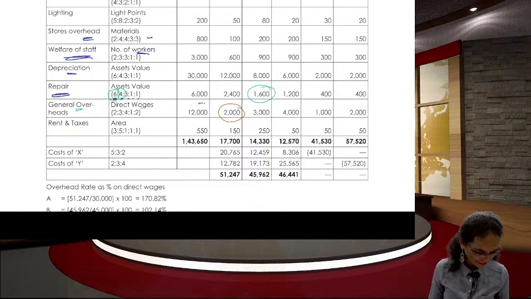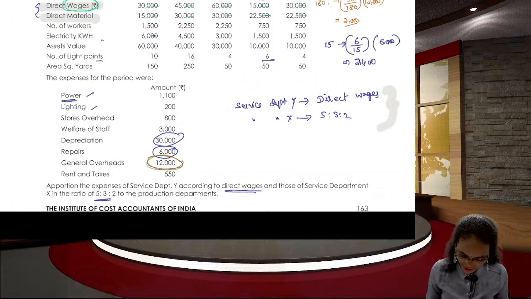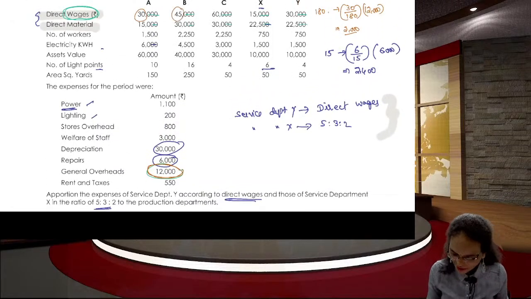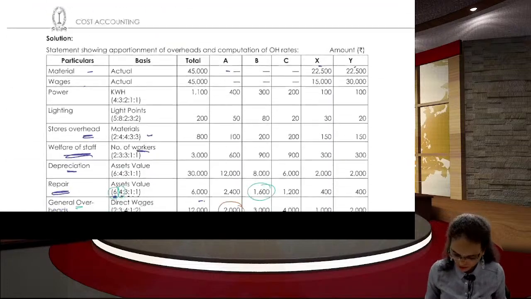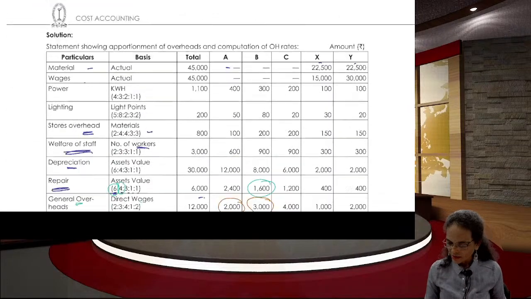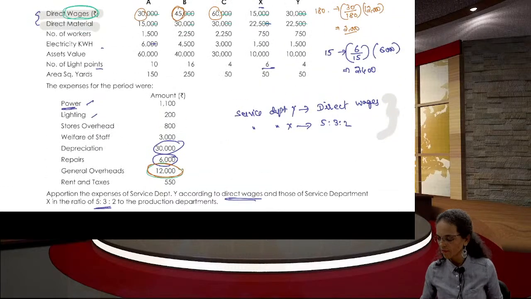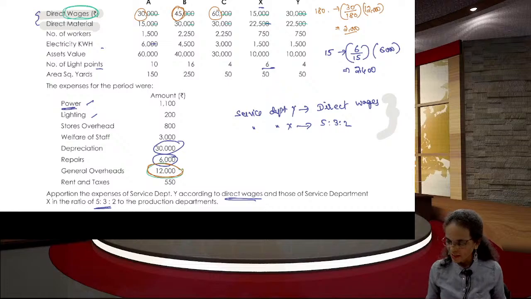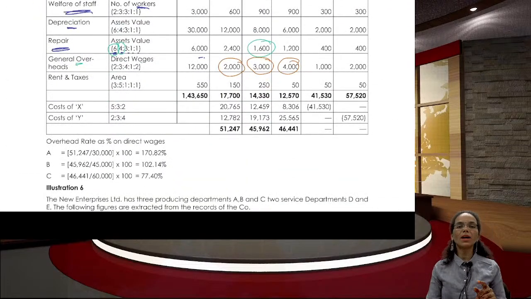Understanding? Right. So for the same answer, divide by 30 and multiply with 45. That is 3,000. For the same answer, divide by 45 and multiply with 60. That is 4,000. In the same manner, you can allocate to the rest of the departments.